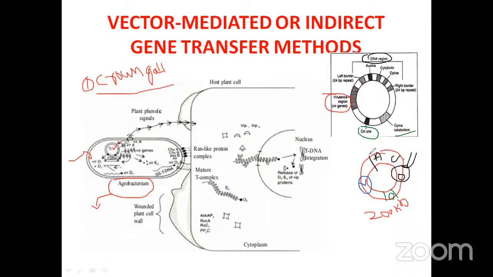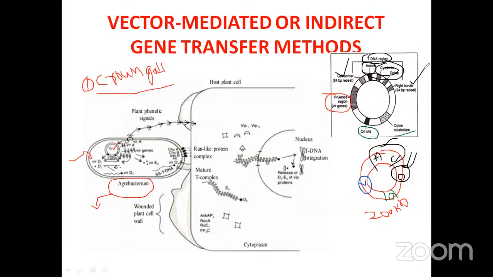This is all the T-DNA region. The T-DNA region has the genes for the biosynthesis of auxin, cytokinin, and opines, these three, and is flanked by the left and right border.